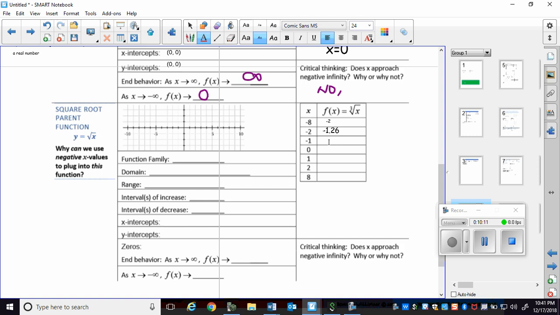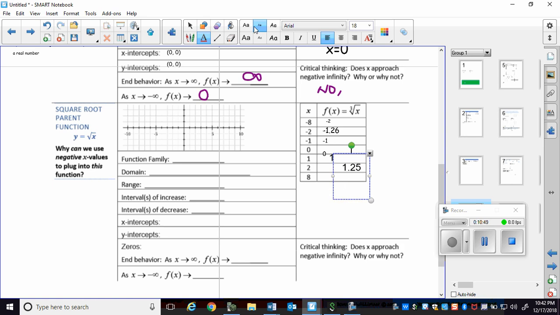So I have (-1, -1), (0, 0), (1, 1), and then here I have 1.25.